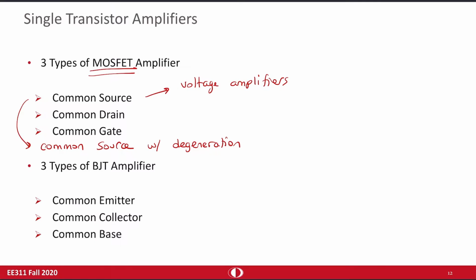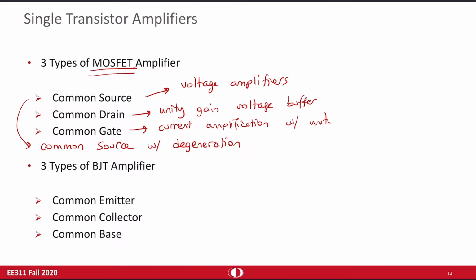Common drains are unity gain voltage buffers, and common gate is used for current amplification with unity gain. This may not mean anything to you at this point, but as we analyze each circuit, you will understand it has some meaning.